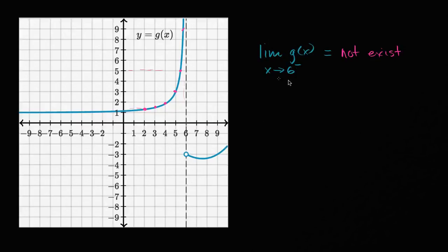And this is interesting because the left-handed limit here doesn't exist, but the right-handed limit does. If I were to say the limit of g of x as x approaches 6 from the right-hand side, well, let's see.